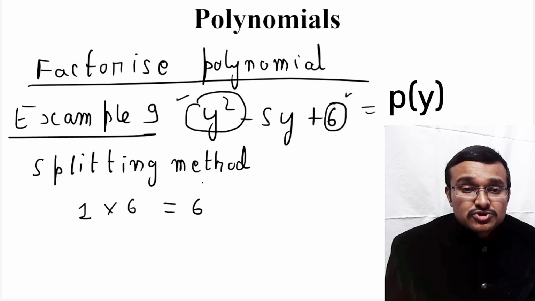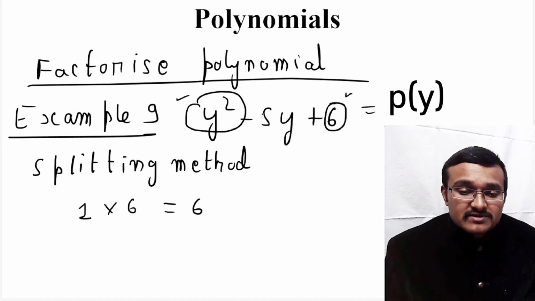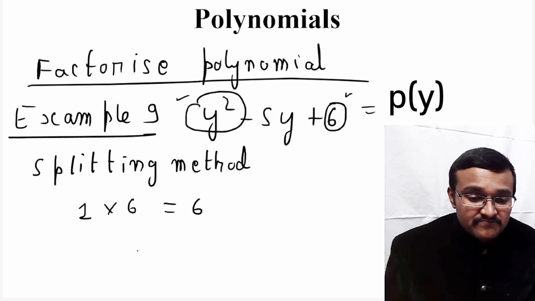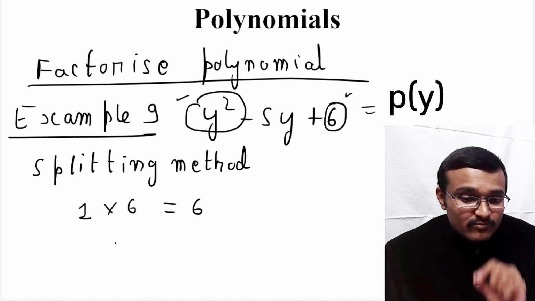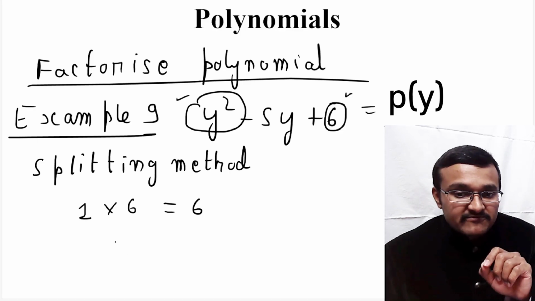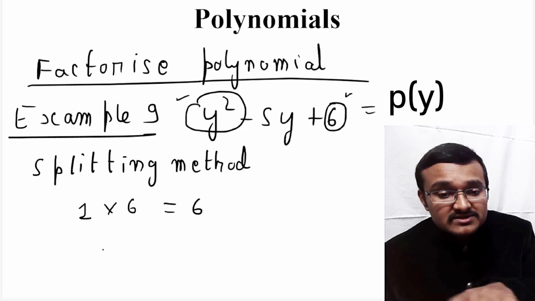Now you should look for those two numbers which add up to minus 5 and multiply to give 6.